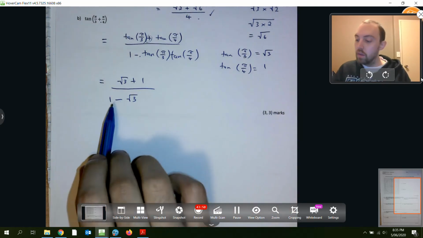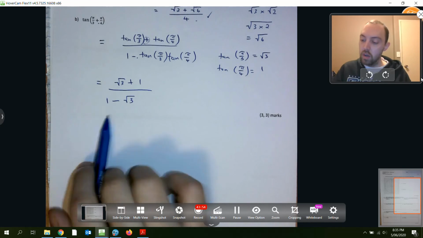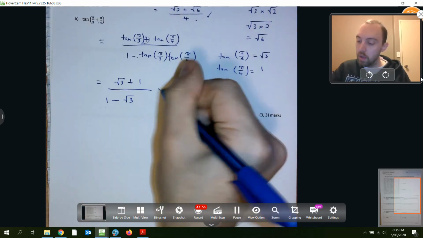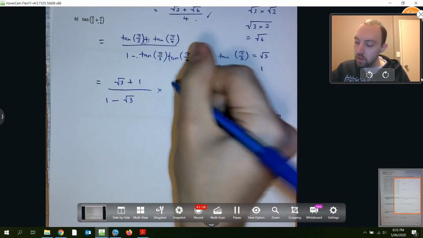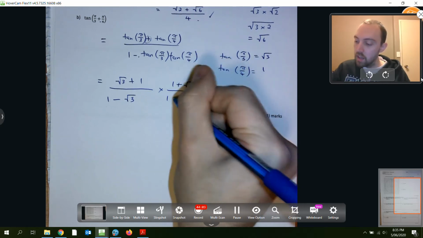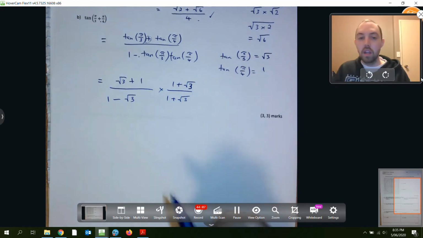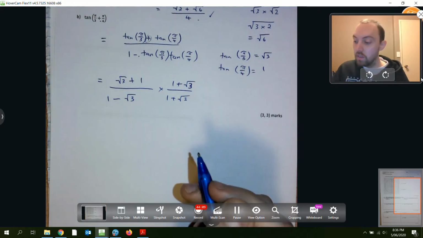To get rid of a situation where you've got 1 take a surd or a number take a surd, you need to multiply by what we call the conjugate, which is the same thing, but it's the opposite sign in the middle.